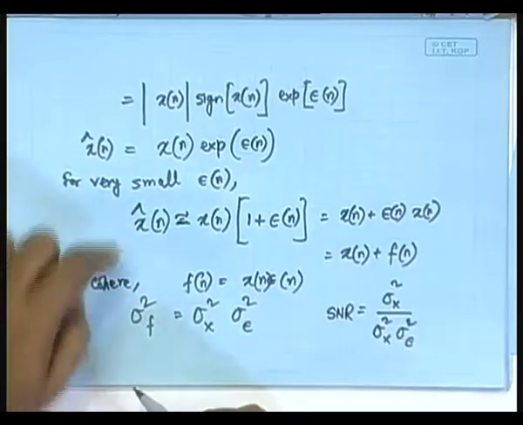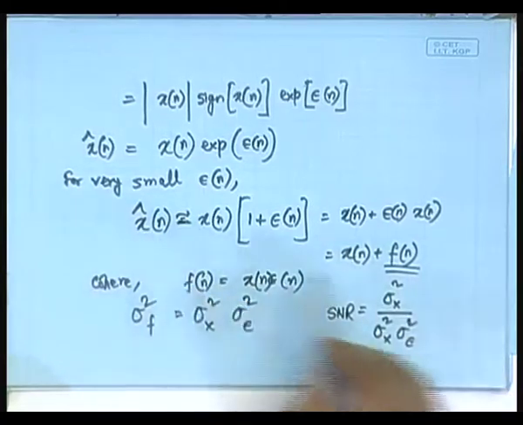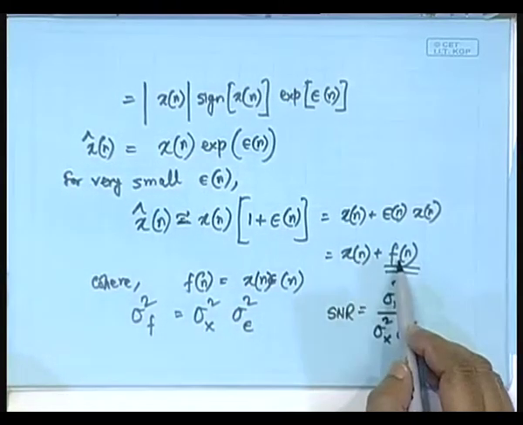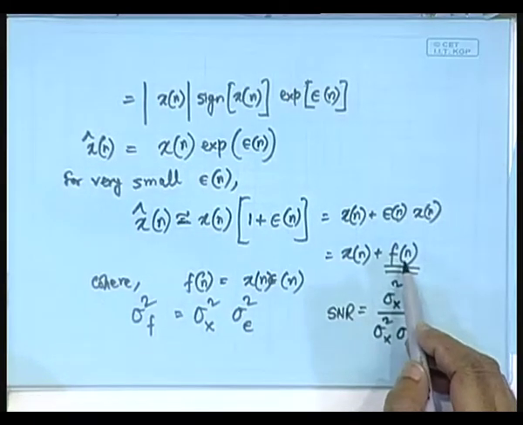That is going to be the error term. So, x cap of n is x n plus f n, which is why f n is basically the noise term.